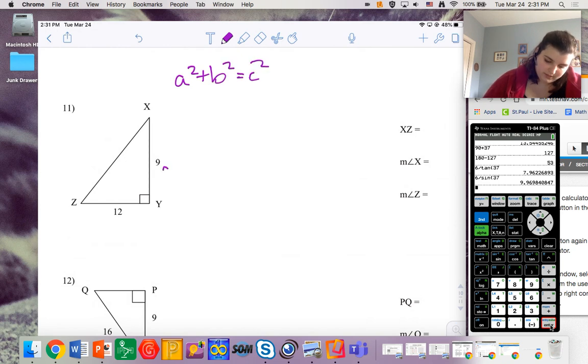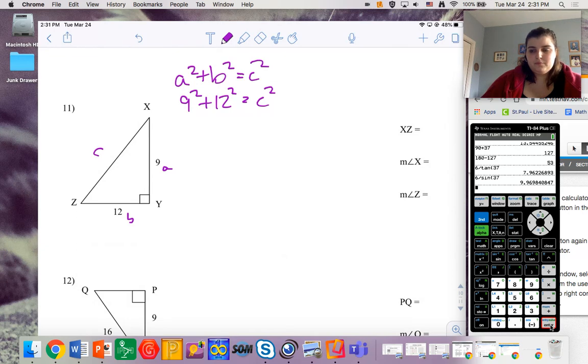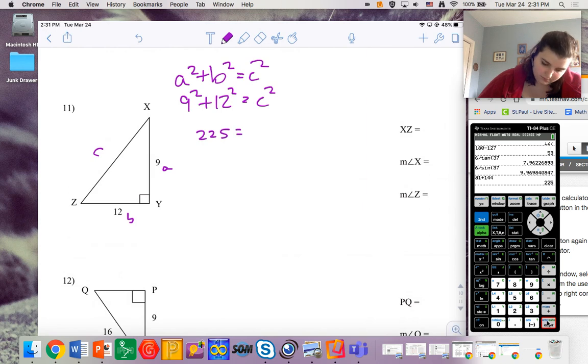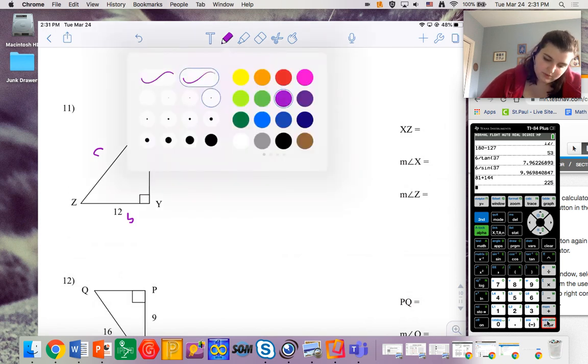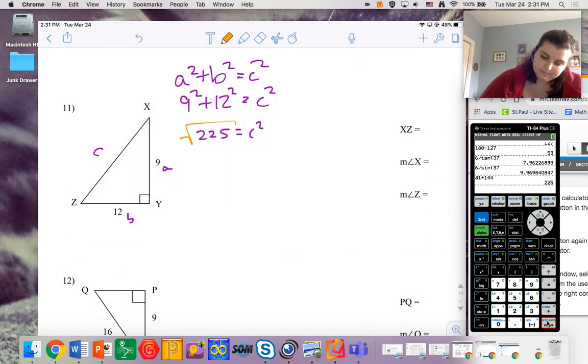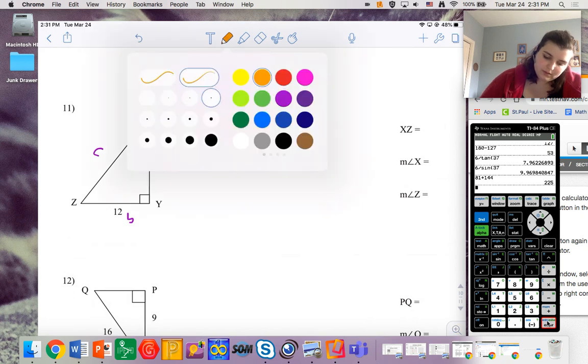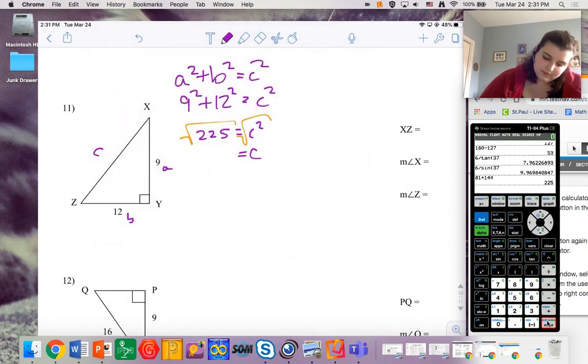So this is our A, B, and C. So that's 81 plus 144 is 225. And then to undo that, remember you're going to do the square root. And so C is, I know this one, it's 15.